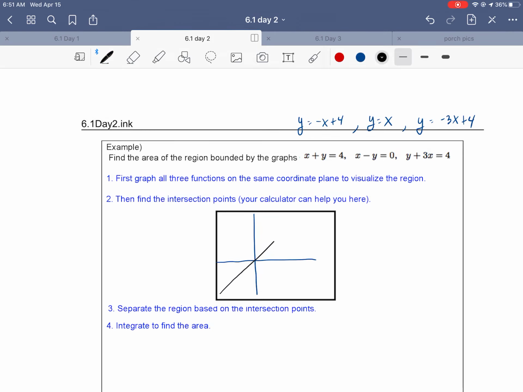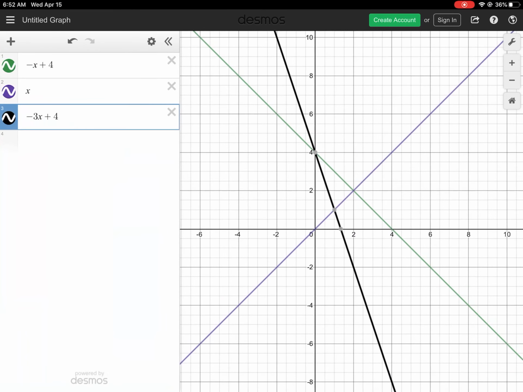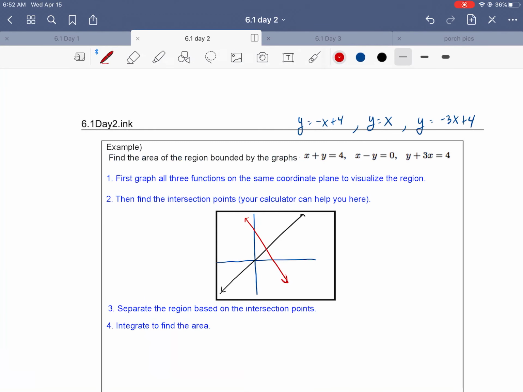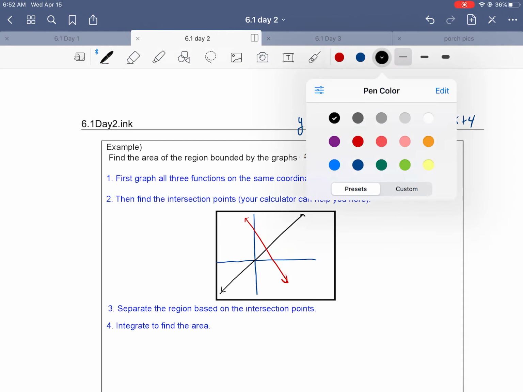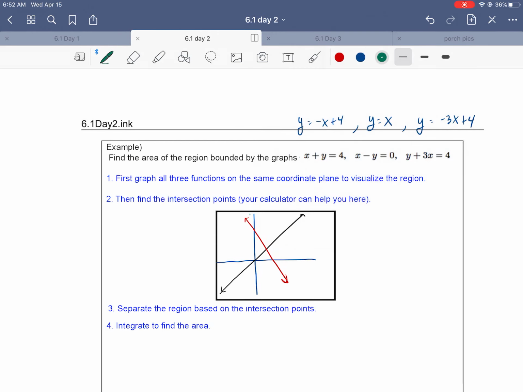Okay, so coming back to this screen, getting a rough sketch of it. Again, in order to distinguish between red and green, think about the slopes, think about the steepness of the slopes.